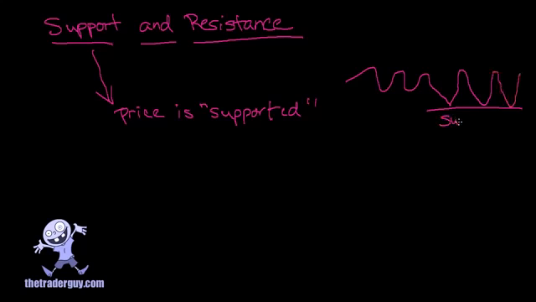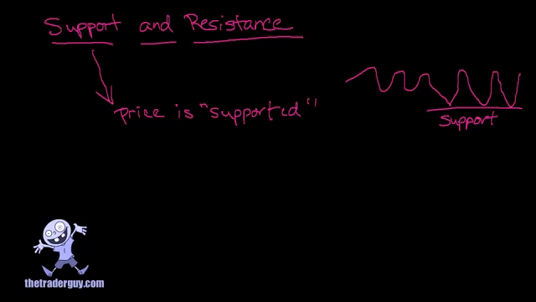Well, that's what is known as support. And what that means is that there is active participation in the market that thinks that whatever, and this is true with all markets, not only Forex, whatever that price is cheap. It's where people want to own it.